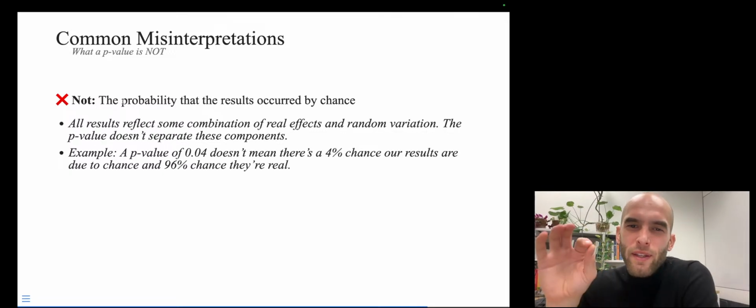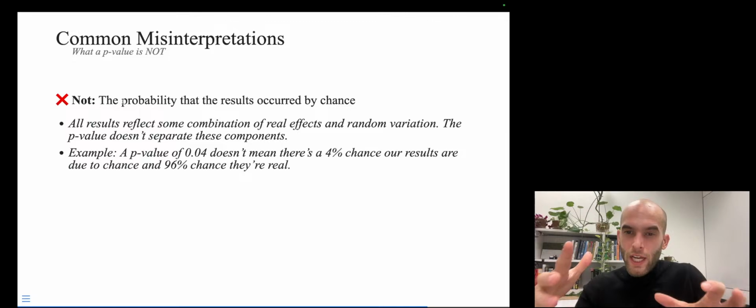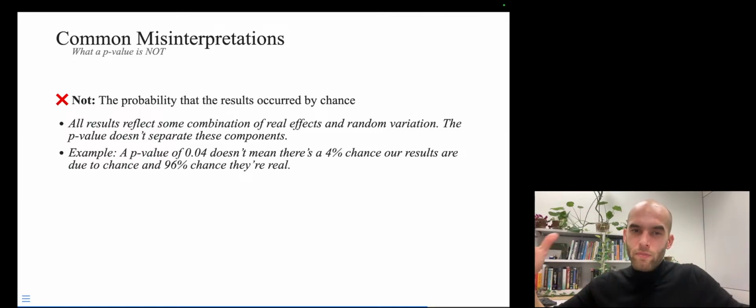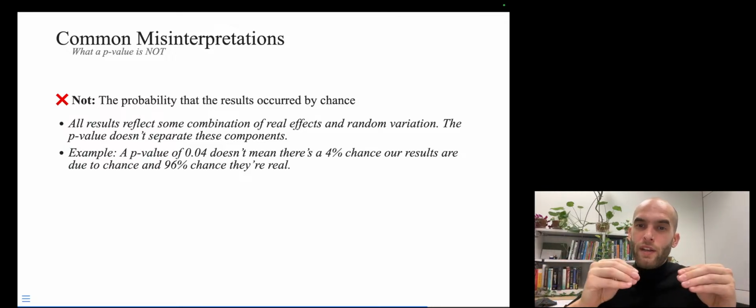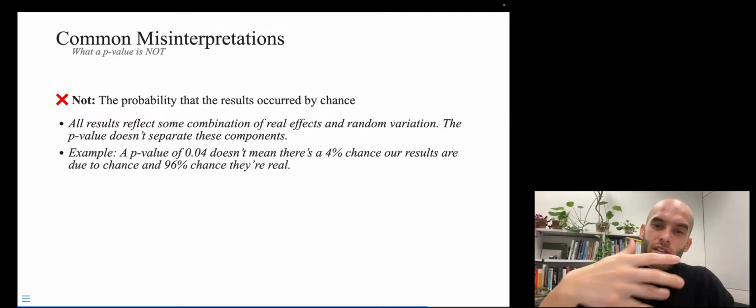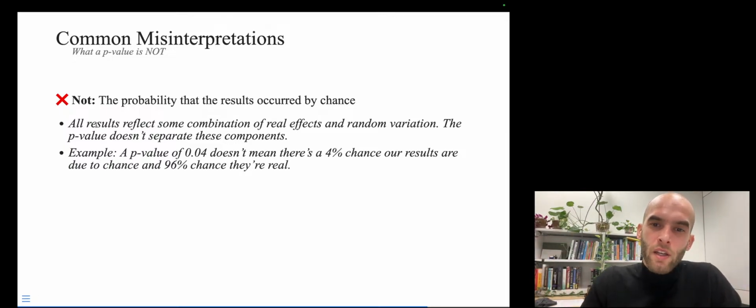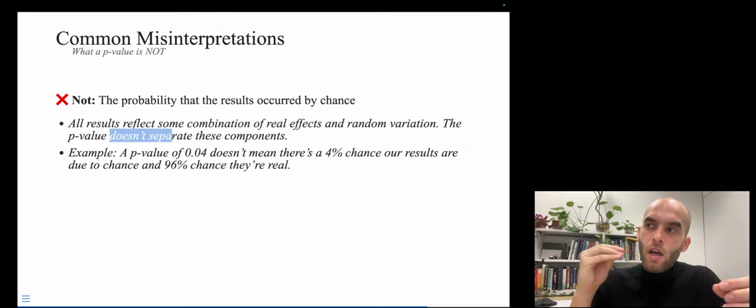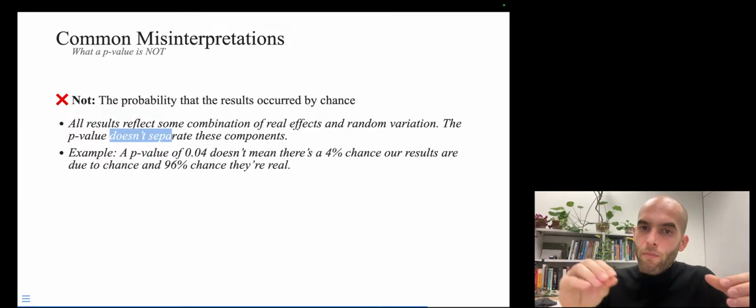It's also not the probability that the results are due to chance. We have this really structured way of understanding the relationships between the variation we see in our data and in our models. The p-value is not able to separate just randomness from real effects.